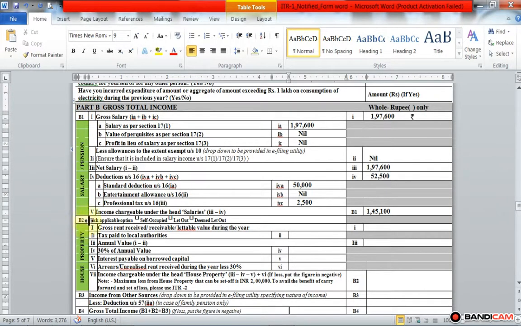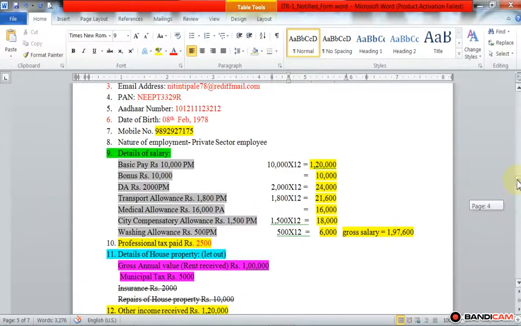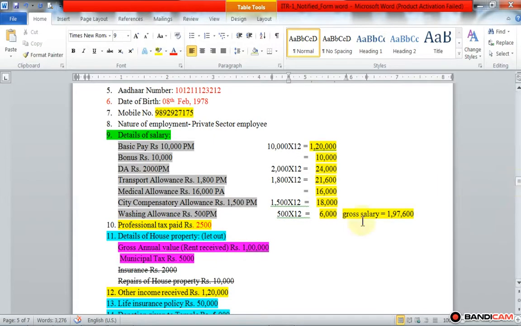Now we fill the part B2. So here tick mark the appropriate house property. Details of house property are given in the problem.